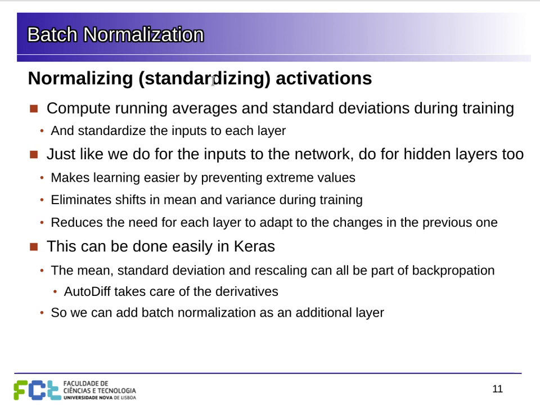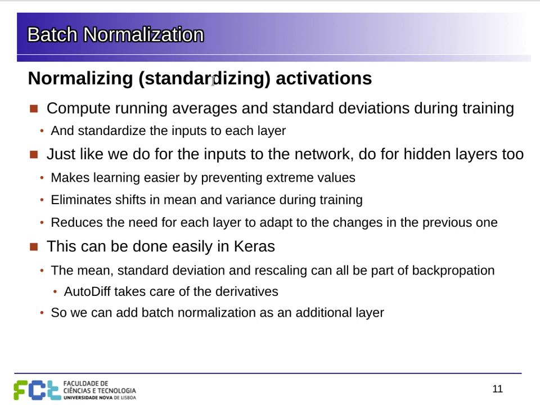So basically, during training, we are computing the average and standard deviations of all the outputs of the previous layer, so what is input to each layer, and then we use those running averages to standardize the outputs of the previous layer. Just like we do for the inputs of the network, we are also doing for hidden layers too.